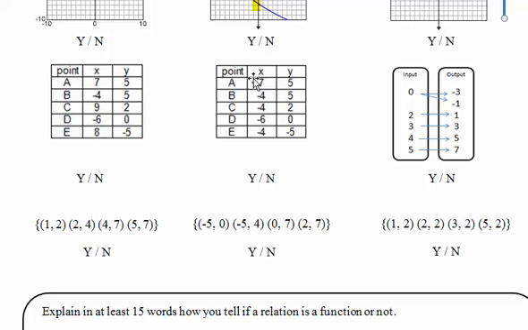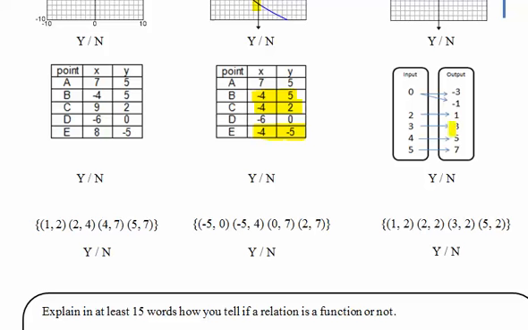This one, -4 repeats, and again, and it has a different value of y each time. So that is not a function. We can highlight those 3 points to show that that is not a function.